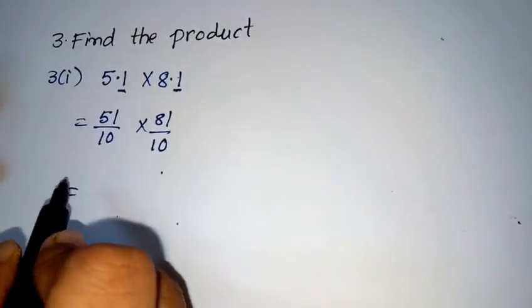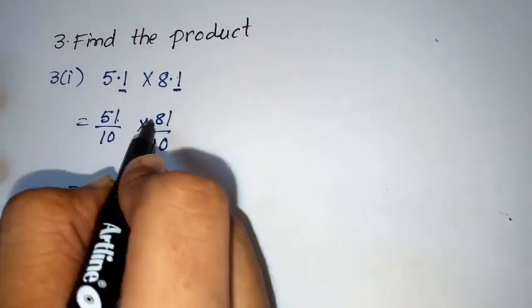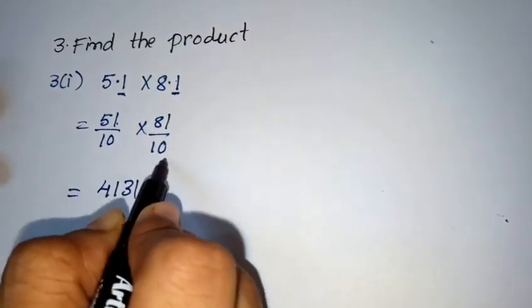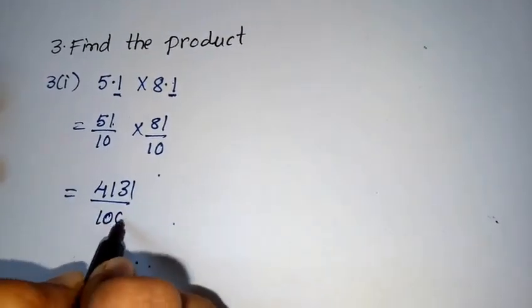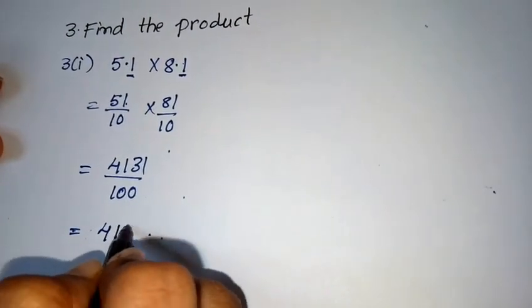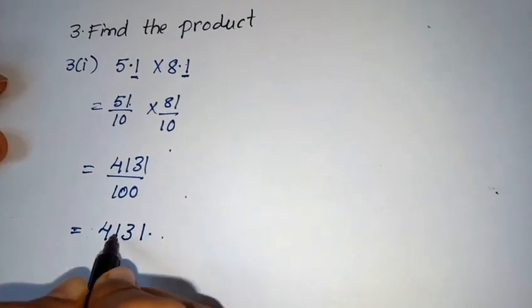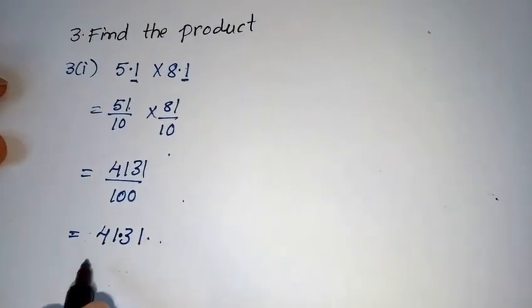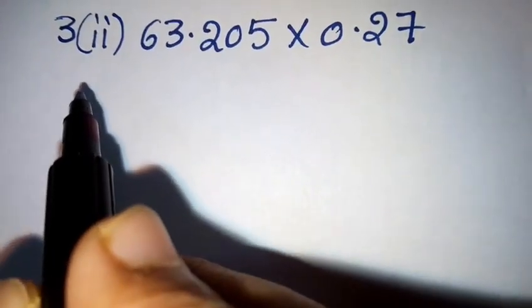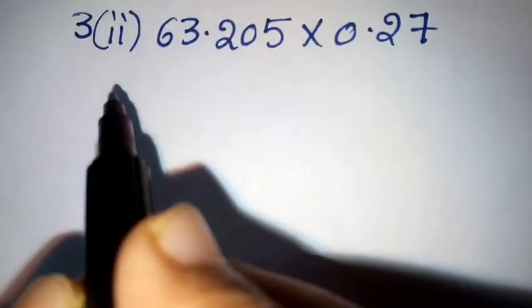Multiply numerator into numerator: 51 into 81, you will get 4131. 10 into 10 becomes 100. In the denominator 100, the number of zeros is 2. So in the numerator 4131, from the right side move 2 digits to the left. That is 41.31, our answer.